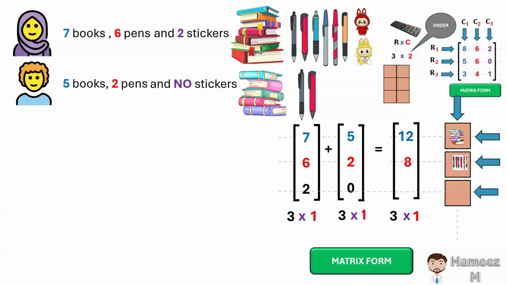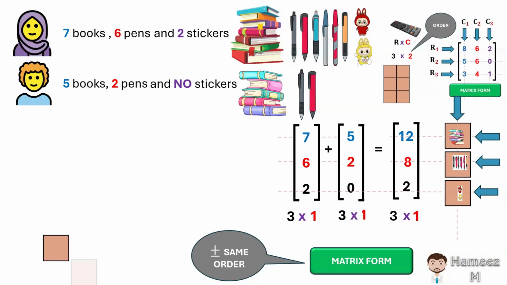And if we add 2 of those, we're going to get a 3 by 1 where we have information from the books, a total of 12, from the pens, 6 and 2, 8, and then 2 Lubaloo stickers, and none from Liam. So now we're able to solve. So it's very important to understand that in order to add or subtract matrices, they must be of the same order.